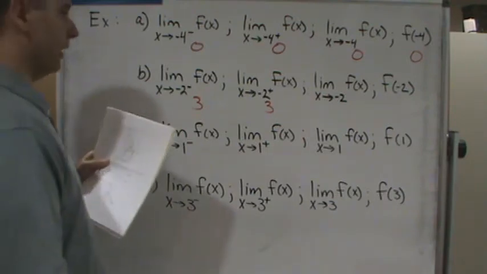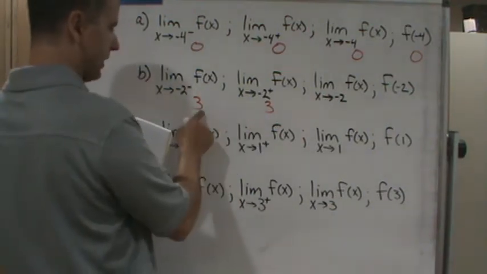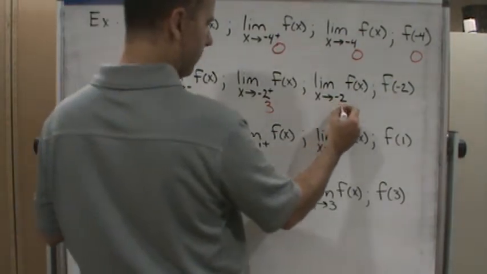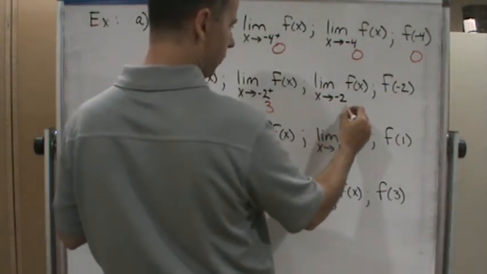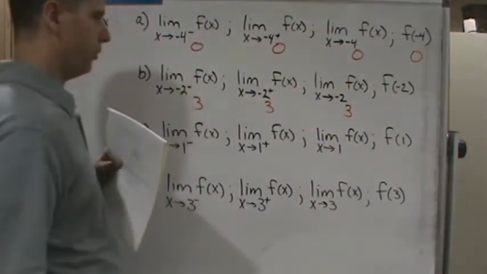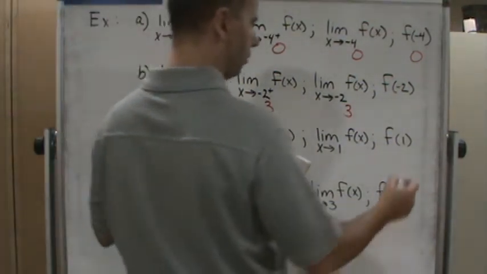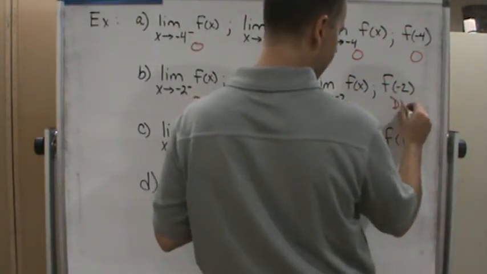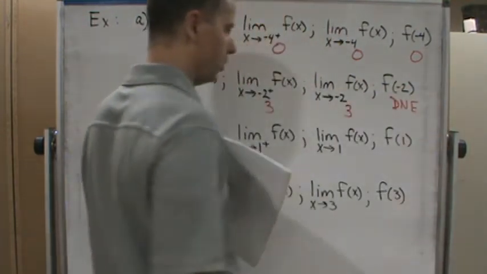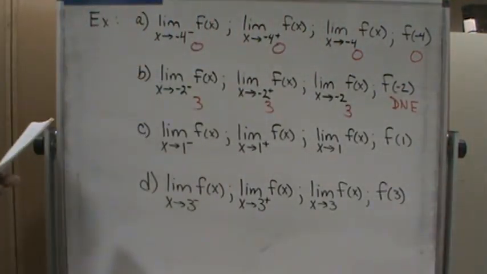And the limit then, because these two go to the same value, the limit as x approaches -2 of f of x is going to be 3. Now, the value of f of -2 does not exist, okay, because there's a hole in the graph, and there's no other dots for f of x that is filled in anywhere for x equals -2.